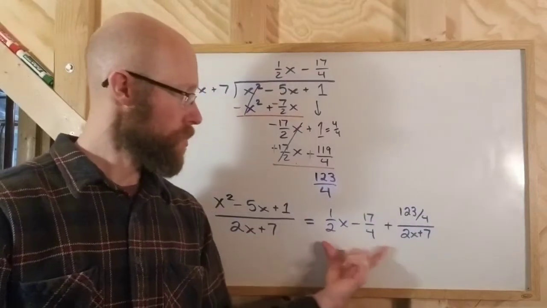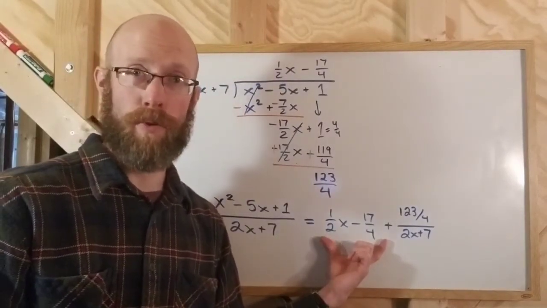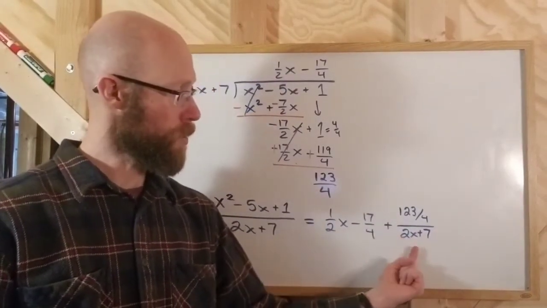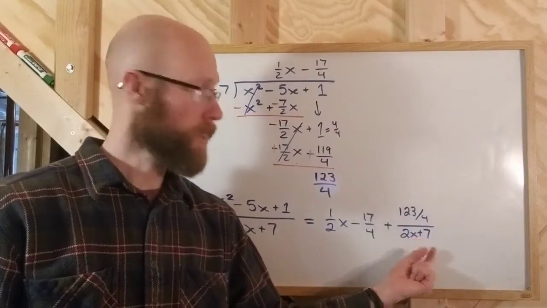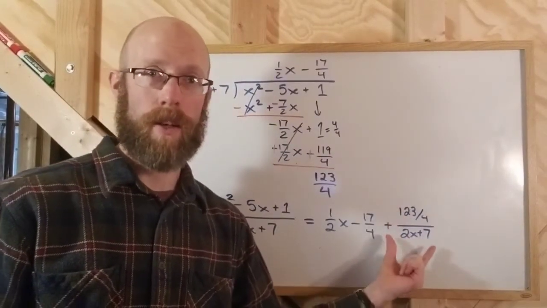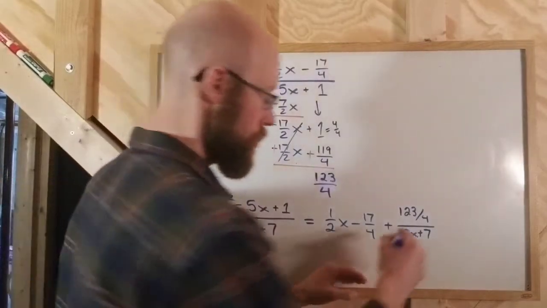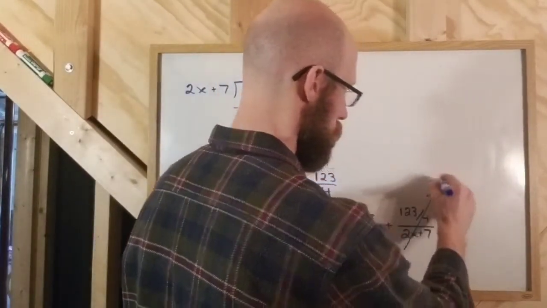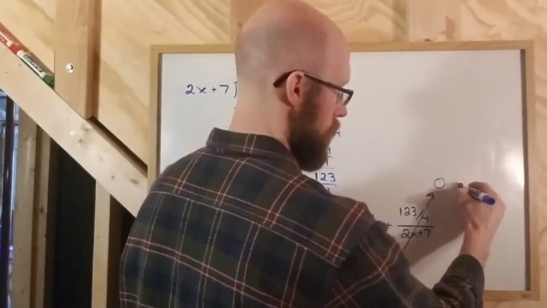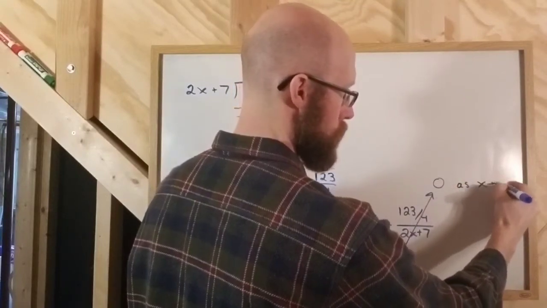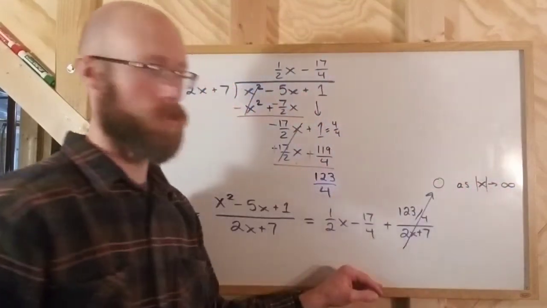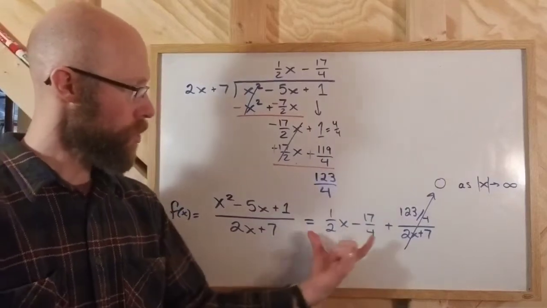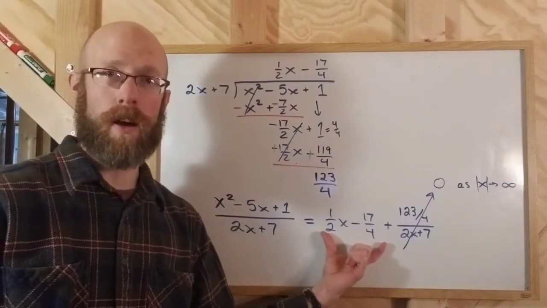So these two terms are still present. This one, however, with the variable on the bottom and the top being a constant, will go to 0. So this entire term goes to 0 as x approaches infinity, or I should say absolute value of x goes to infinity. And so all you're really left with is this other stuff.